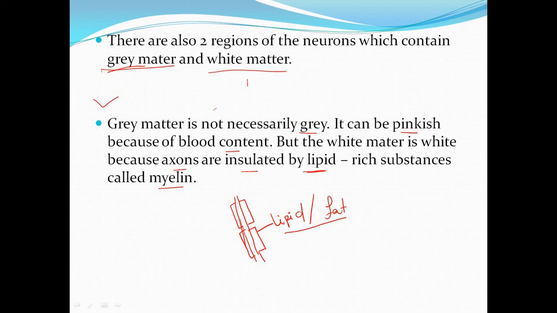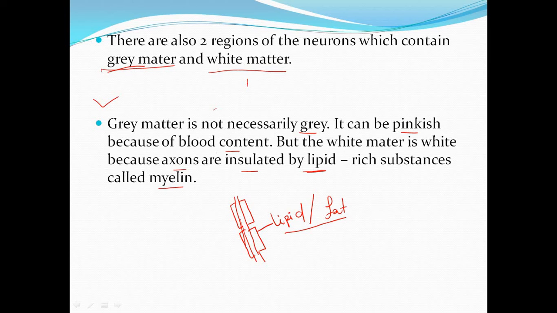This will just appear as a white or fatty material, much like fat on a raw piece of chicken or beef. This is the reason it seems white, and this is called white matter.